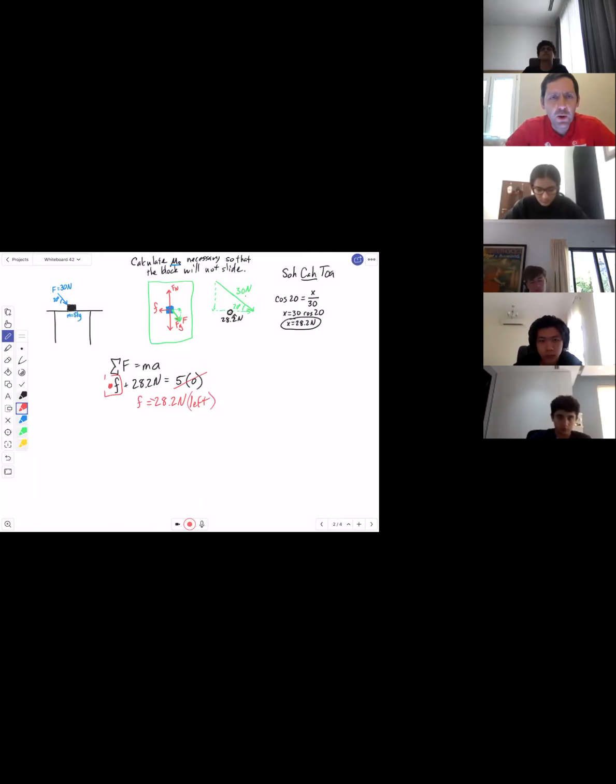All right, so how do I get the coefficient of friction? Jed, how do we get the coefficient? It's the formula that we presented on the previous page.